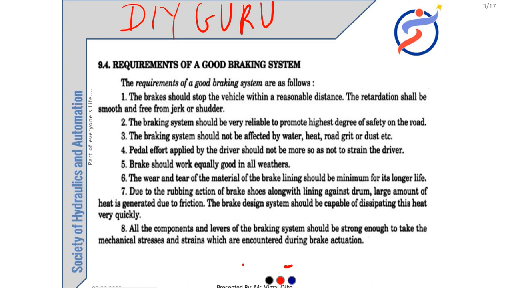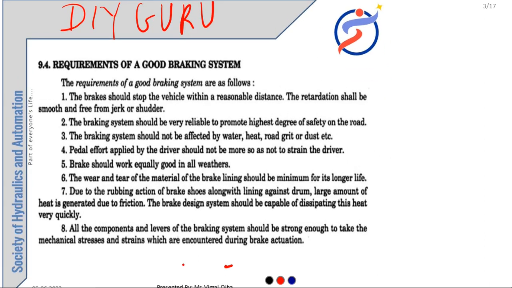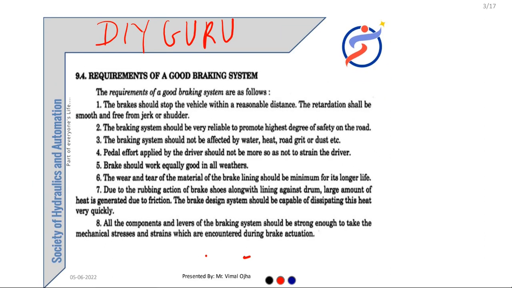Suppose we are going to design a brake. What are we looking for? What is the expectation from a designer? The brake should stop the vehicle within a reasonable distance.